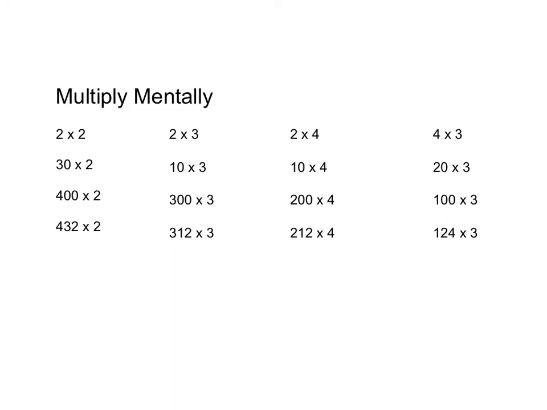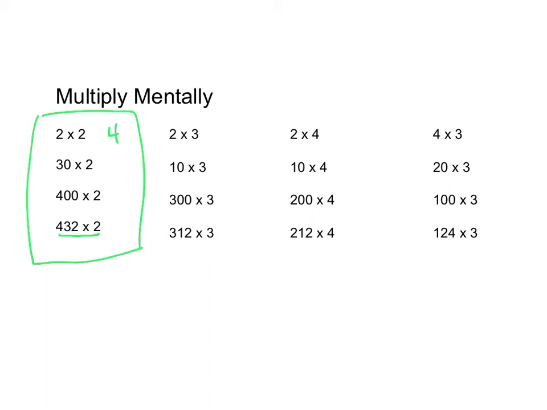This is more of multiplying mentally. And what we're trying to do is this problem that's at the bottom, 432 times 2. So we're going to start up here. We'll take it apart. Well, we have 2 ones, so 2 times 2 is 4.